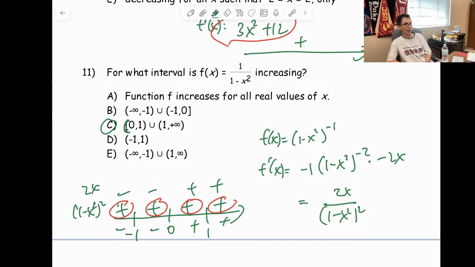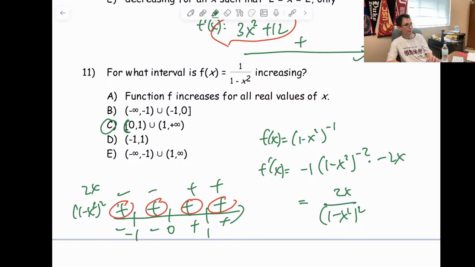So the relative minimum happens at 0, but for increasing, the question is asking, increasing is 0 to 1, 1 to infinity. It should not include 0. The answer choice has a bracket at 0, but that bracket should be a parenthesis because 0 is going to give you 0. It's not really increasing. So it should not include 0.